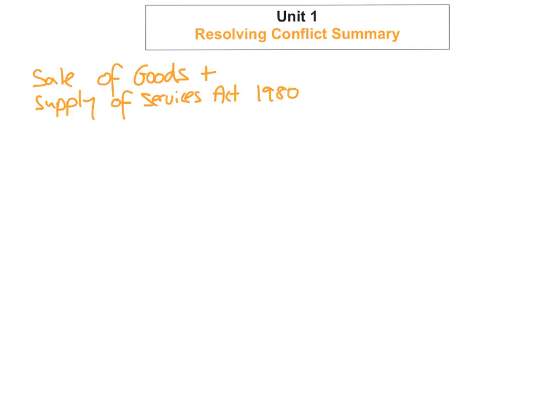Okay, so the first thing is that this Sale of Goods and Supply of Services Act 1980 sets out the rights of the consumer and the responsibilities of the retailer.